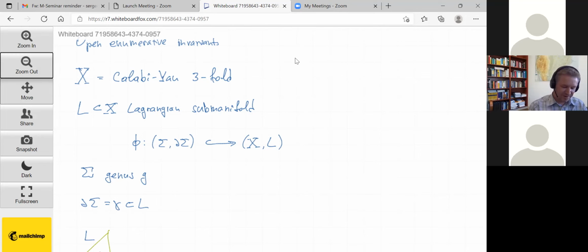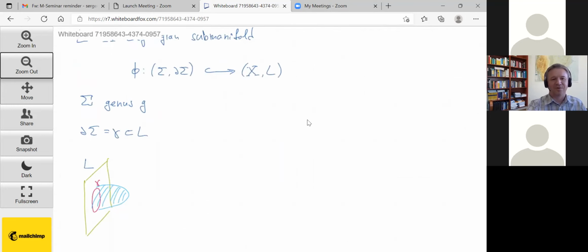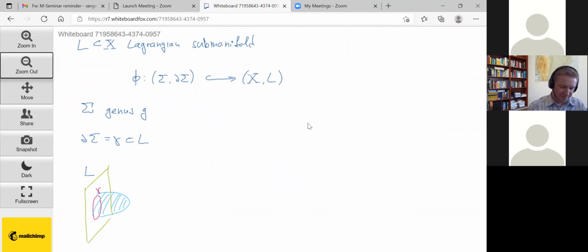And one is typically counting such curves sigma that sit in Calabi-Yau X with boundary on L. So such a counting problem depends on various pieces of data.